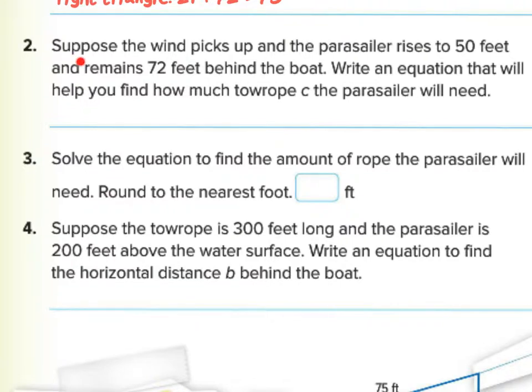Number 2. Suppose the wind picks up and the parasailer rises to 50 feet and remains 72 feet behind the boat. Write an equation that will help you find how much tow rope the parasailer will need, how much hypotenuse. Well, we know that a squared plus b squared equals c squared.